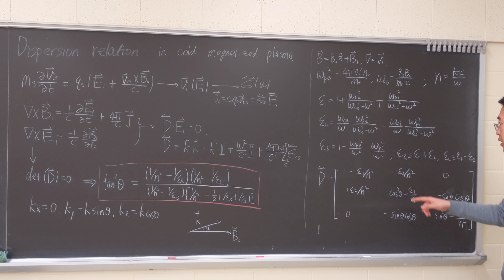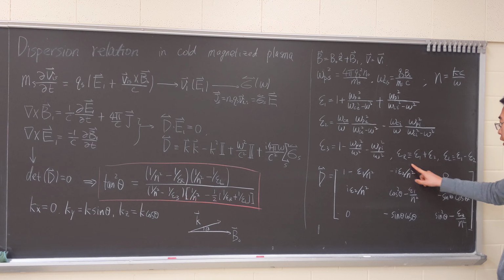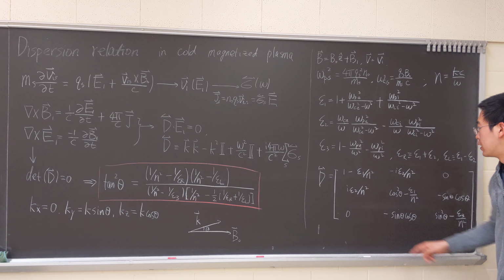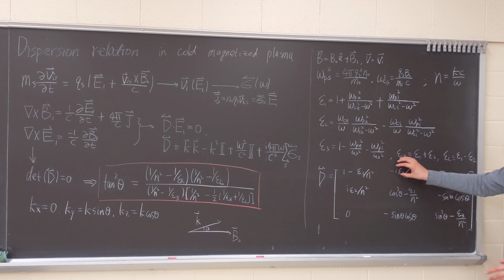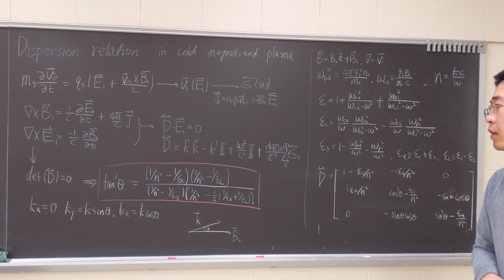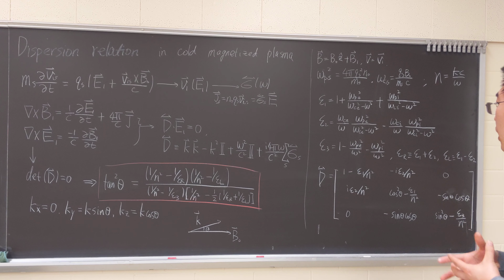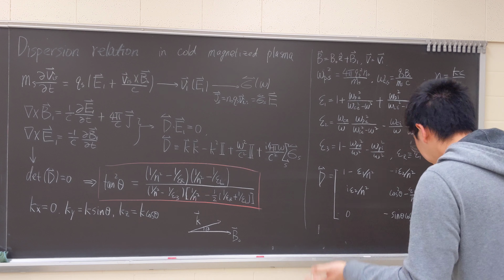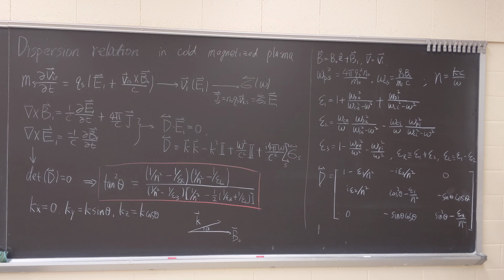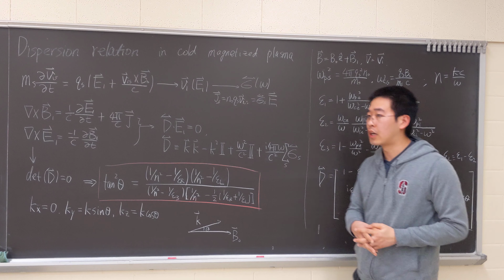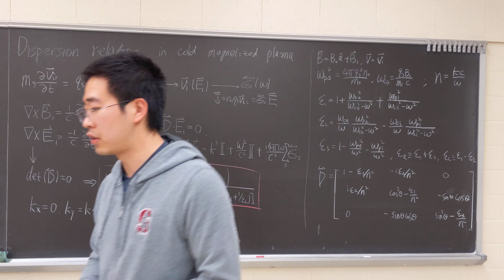So as we can see, this off diagonal term here is contributed by the Larmor radius, by the gyro motion, which you can see in the detailed derivation in the video that I made.